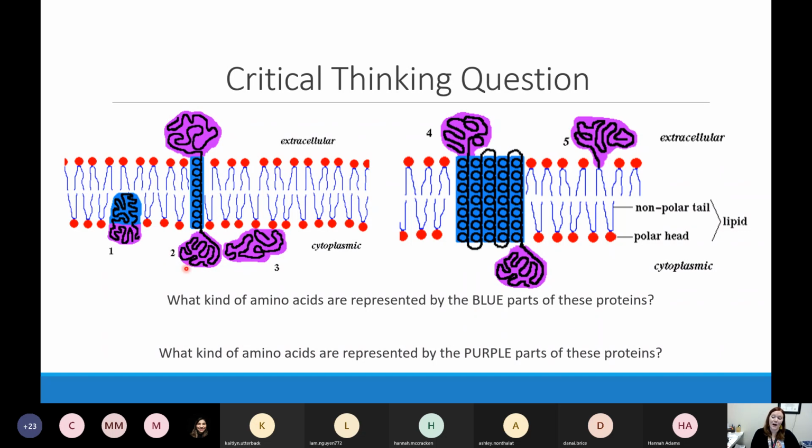When I am outside of the membrane, on the outside of the cell, or on the inside of the cell, remember that those were places in the cell or outside where we had water. So when we're thinking about our purple colored proteins or magenta, whatever color they are, these are proteins that are surrounded by water.